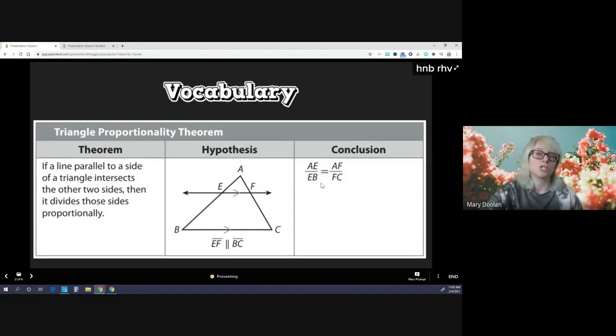I could write a few different ratios, but the one that we're going to use as our general version is AE, this top segment above where it's intersecting on the left, is proportional to EB, this segment on the left below the intersecting point. And that is equal to AF, the top segment here, over FC, this segment here. So by this theorem, we can find missing segment lengths if we know there is an existing proportionality between those segments.